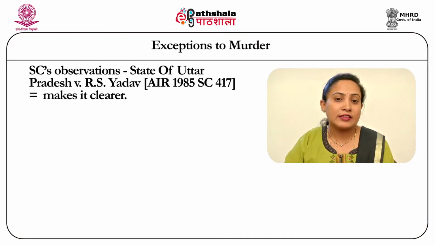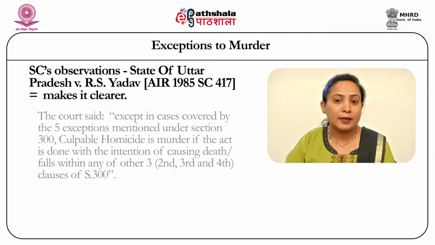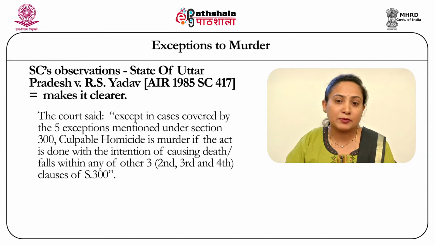Now, in the State of Uttar Pradesh versus R.S. Yadav, the Supreme Court in the year 1985 observed that except in cases covered by the 5th exception mentioned under section 300, culpable homicide is murder if the act is done with the intention of causing death or falls under any one of the clauses that section 300 refers to.